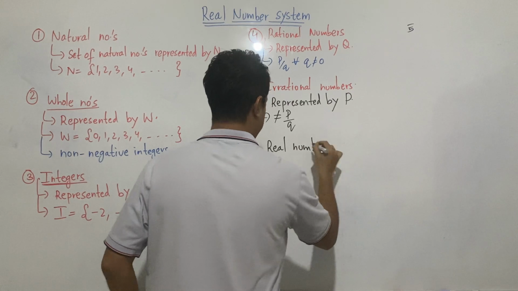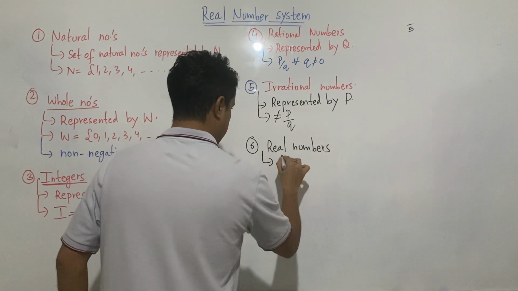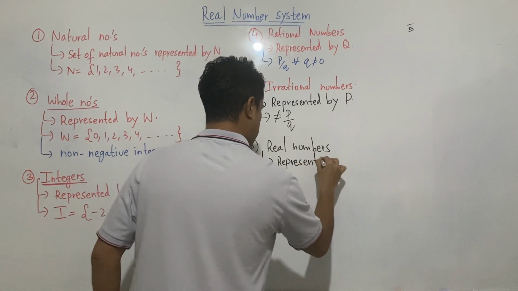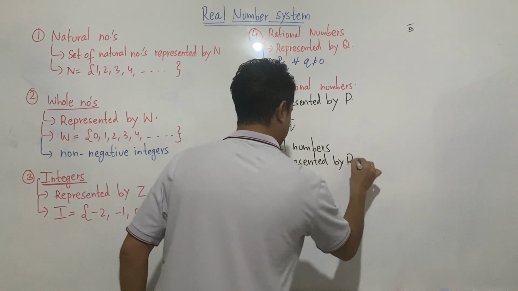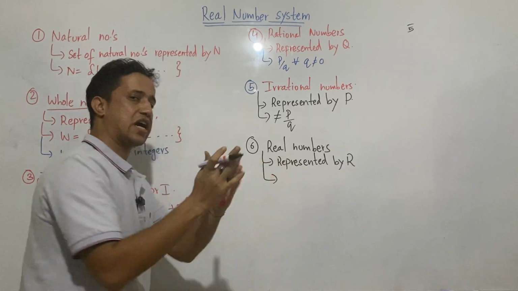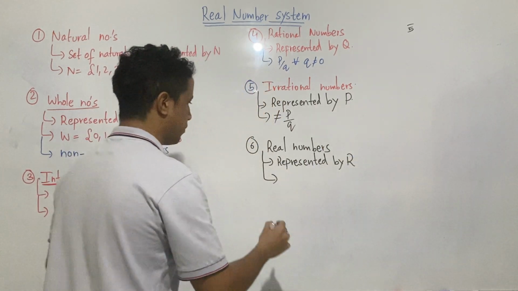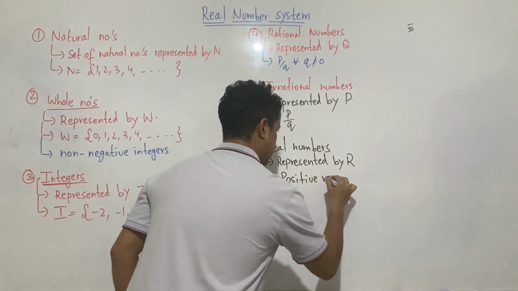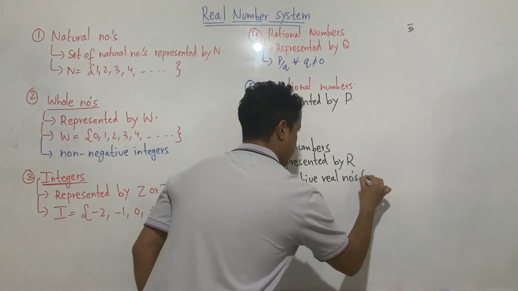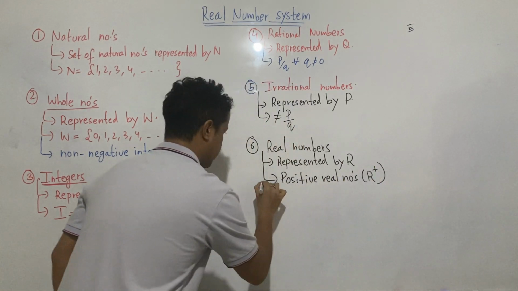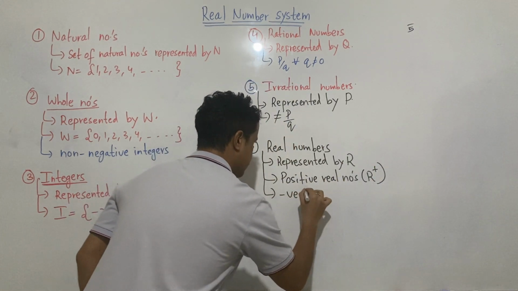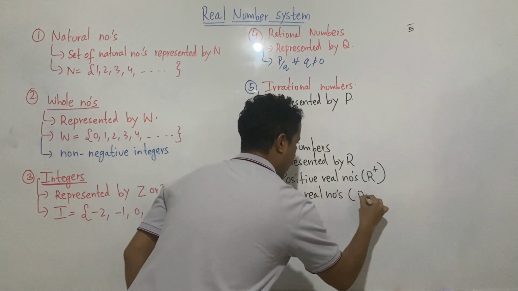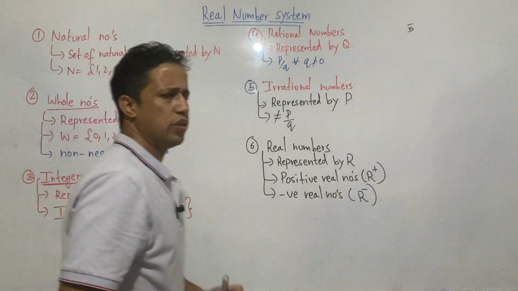The set of real numbers is represented by R. And then we have two types of real numbers: positive real numbers represented by R plus, and negative real numbers represented by R minus. I hope you know this.